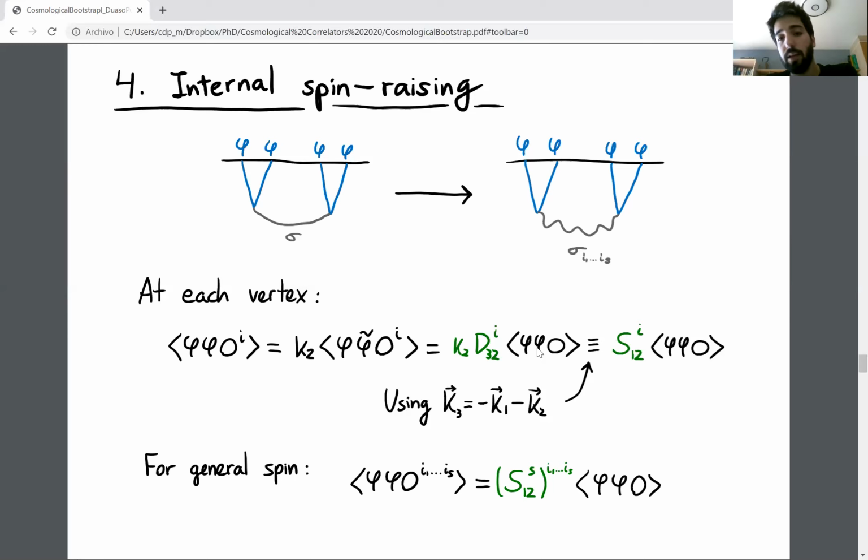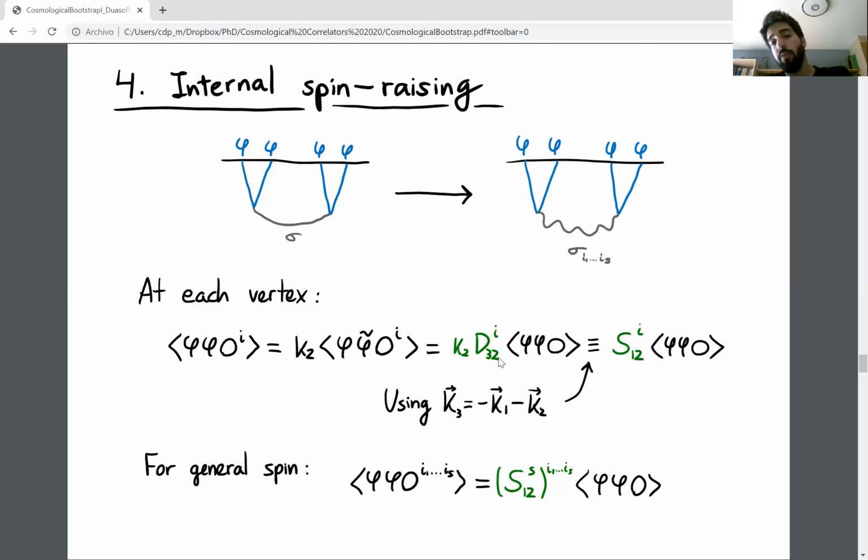This means that the field at point 2 will no longer be a conformally coupled scalar, but it will be its shadow transform, because it goes down to conformal dimension 1. And then by multiplying with K2, we can get it back to a conformally coupled scalar, just because these two are the shadow transform of each other. So this operator then is taking us from this 3-point function of 3 scalars to this other 3-point function in which the third field has spin 1.